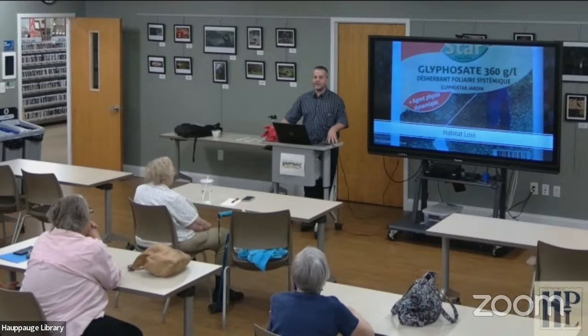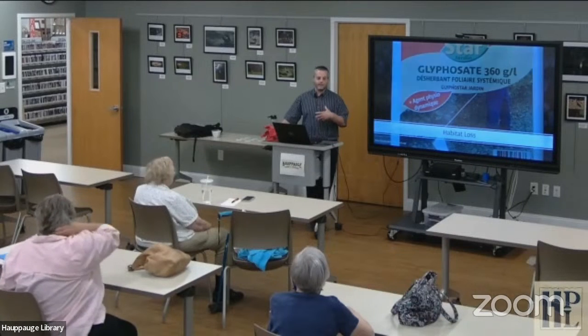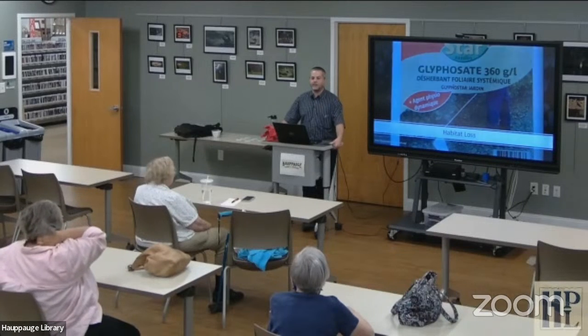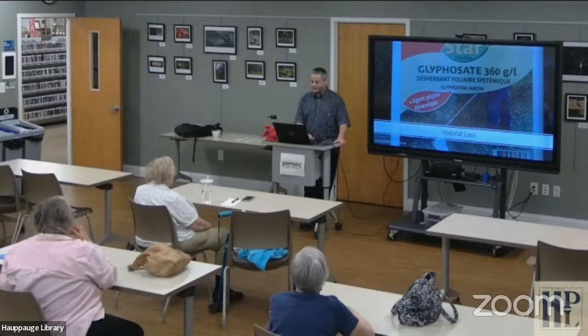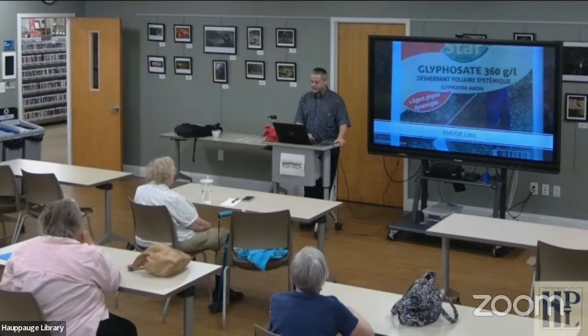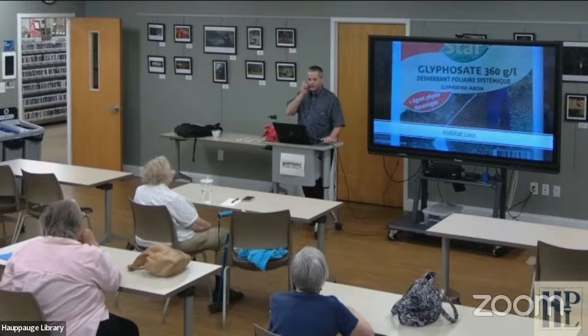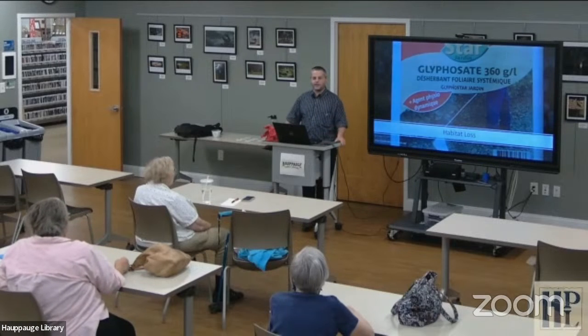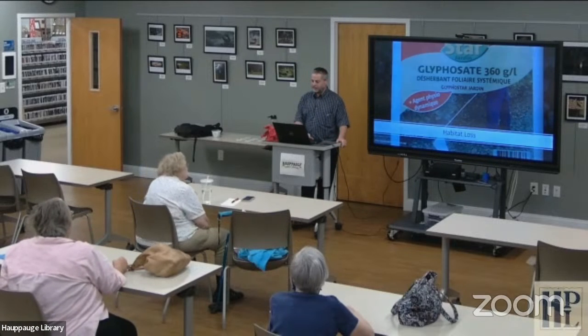And those fields get sprayed with herbicide so that the milkweeds and other plants don't compete with the food crops. So farmers are killing a lot of milkweeds. There's been a decline in milkweed abundance in the last 20 years or so that has been correlated with a drop in monarch butterfly populations.